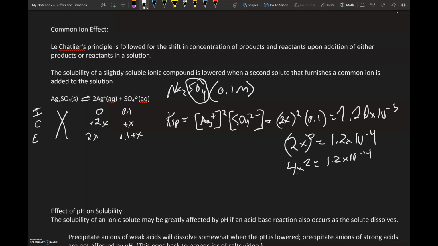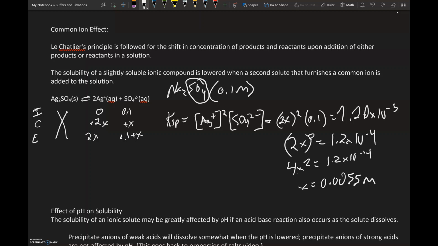And we get x to be equal to 0.0055 molar for that solution. So that would be the x after you added in the 0.1 molar.